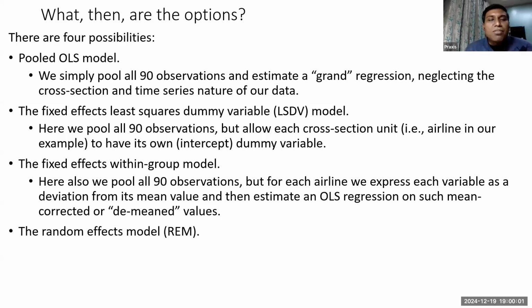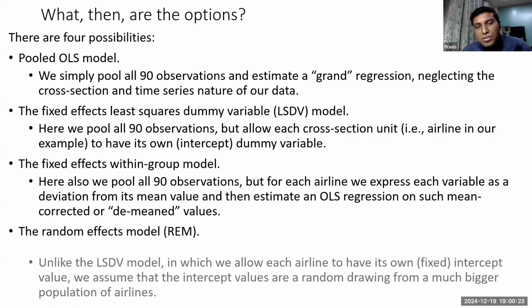Then we can have something called fixed effects within group model. Here also we'll pool all 90 observations, but for each airline, we express the variable as a deviation from its mean, right? De-meaned, we will run the regression on the de-meaned values. We'll talk about all these things.